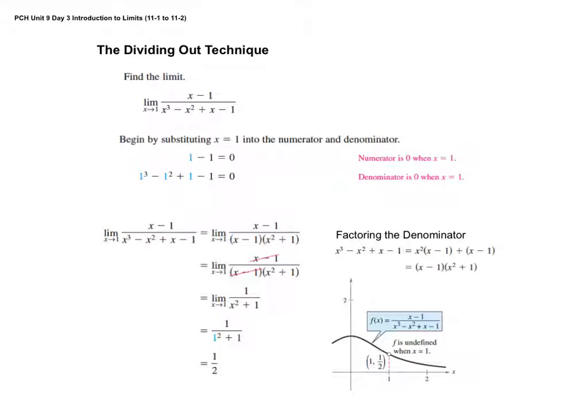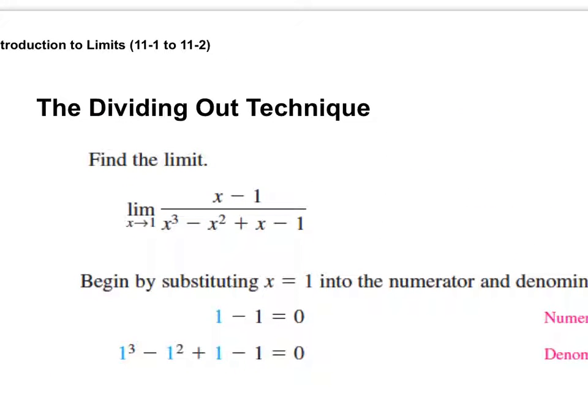Okay? So let's pick up first with the dividing out technique. Here you see all the work, but let's hone in on the problem first of all. We're trying to find the limit as x approaches 1 of x minus 1 over x cubed minus x squared plus x minus 1. Approaching this problem, you see a line on the top, a cubic on the bottom.